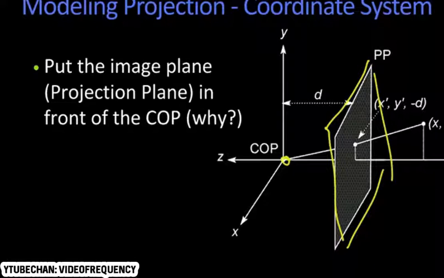Because it's mathematically convenient: this way our images don't get inverted. Y stays up. Before, we had to worry about things being switched left and right and up and down. Now X stays to the right, Y stays up. We don't really build a camera with the image plane in the front; we put the image plane behind, and then we have to rotate things back to get Y up and X to the right. So for the math here, we're going to put the image plane on the right.